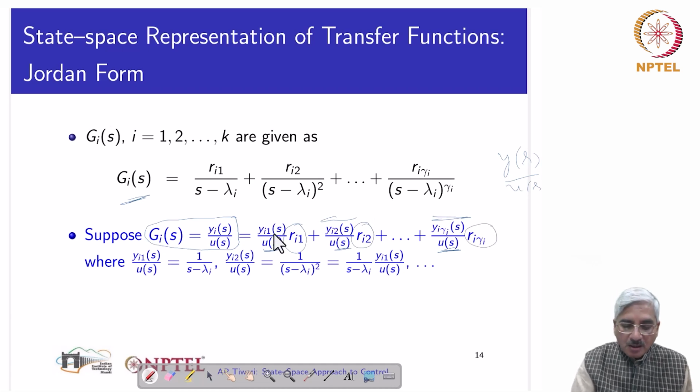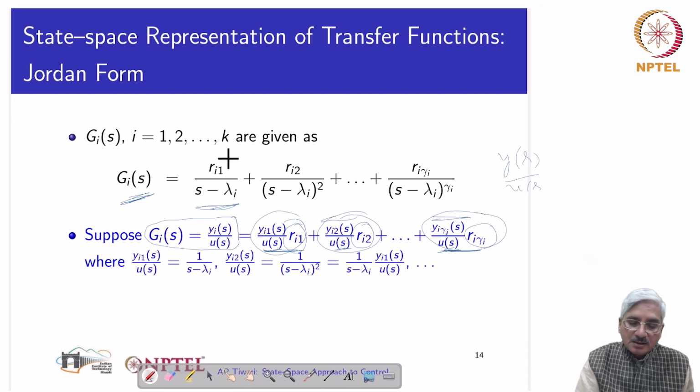So the output of the ith G comes as a summation of the outputs of these gamma i subsystems. And of course, the first one is Ri1 divided by s minus lambda i.